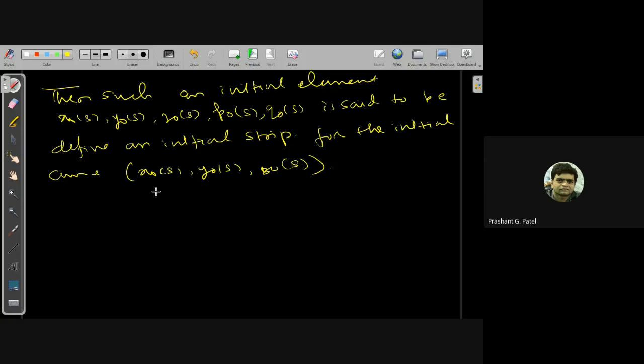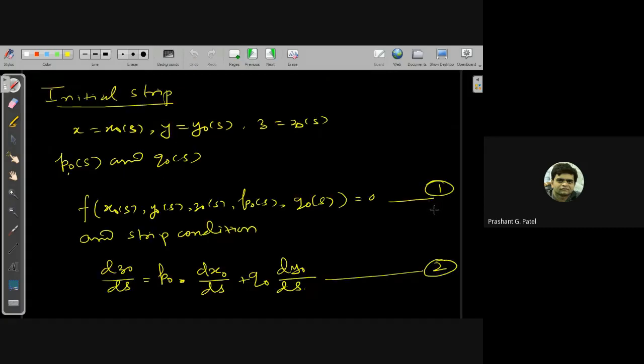Then the integral surface may be constructed with the help of the characteristic strip, assuming that from each point on the initial data curve the strips together make up a smooth surface. So equations number 1 and 2 which we have discussed here: a pair of functions p0 and q0 will satisfy these two equations 1 and 2, and there can be several initial strips associated with the same initial data curve.